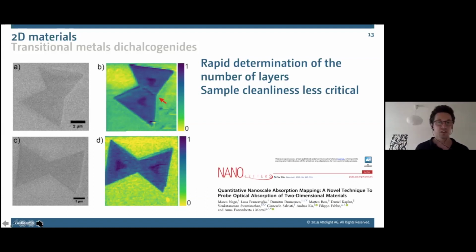So he used cathodoluminescence spectroscopy to characterize TMDs by their absorption from the cathodoluminescence emitted by the substrate, and this allowed them to really improve their process, and is less sensitive to sample cleanliness than AFM, for instance, or even regular SEM.